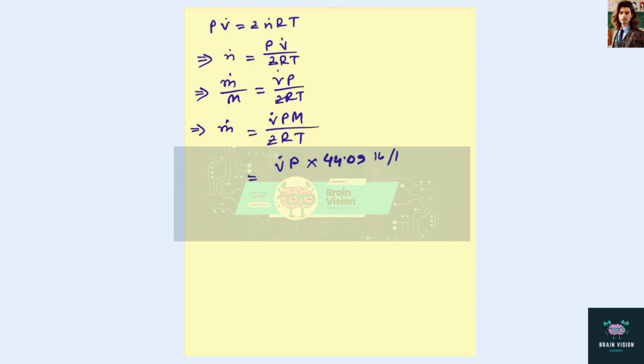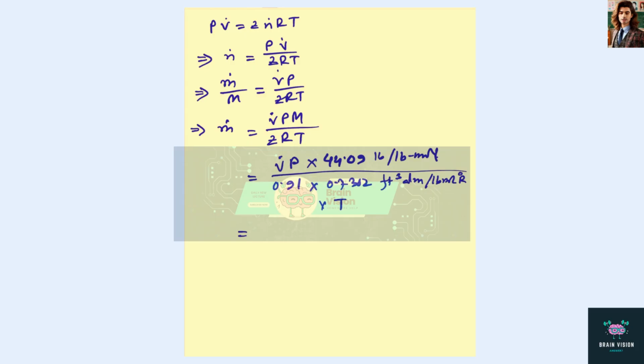The molar mass is 44.09 pound per pound mole divided by 0.91 multiplied by 0.7302 multiplied by the temperature, and then we get the actual relationship.